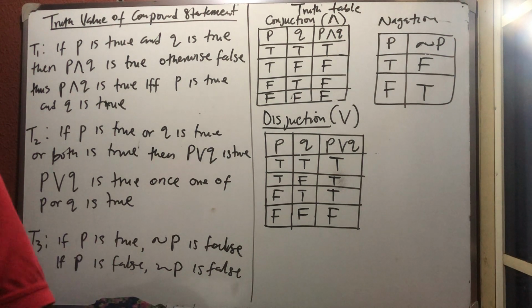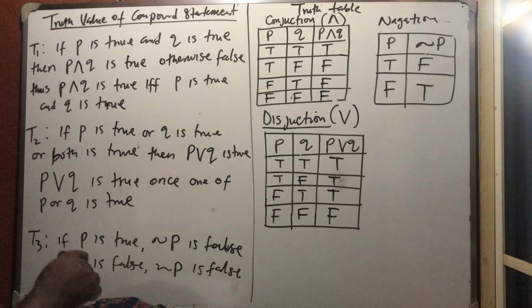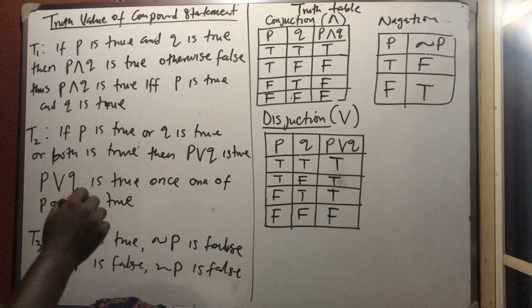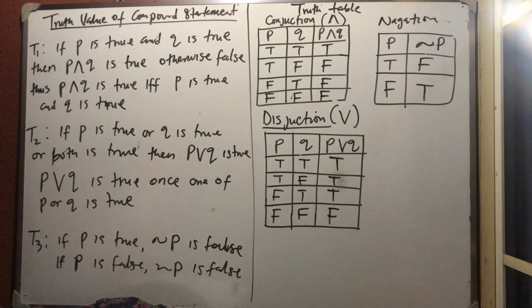Okay, I've explained that. Now they say that a statement P is called a variable if its truth value is not known, and a constant if it is known. So the truth value of a variable can be true or false.